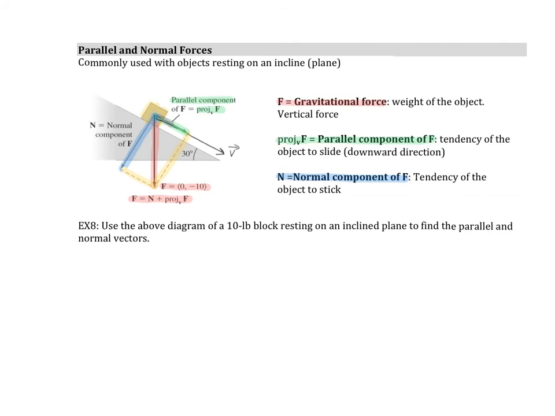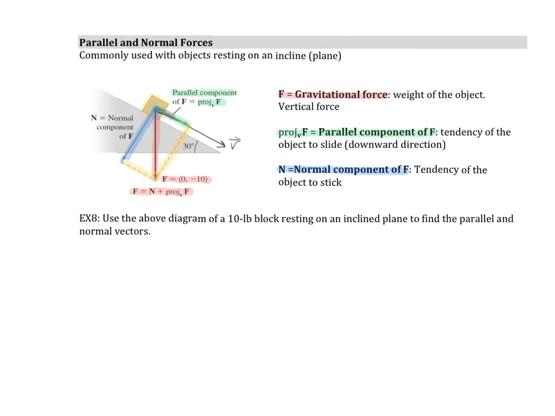Well, the problem with finding the parallel vector, or the parallel component, is I don't have the vector v. Now remember what I said about projection vectors. It really doesn't matter the length of v. V can be anything. So to make computation simple, we might as well choose v to be a unit vector.